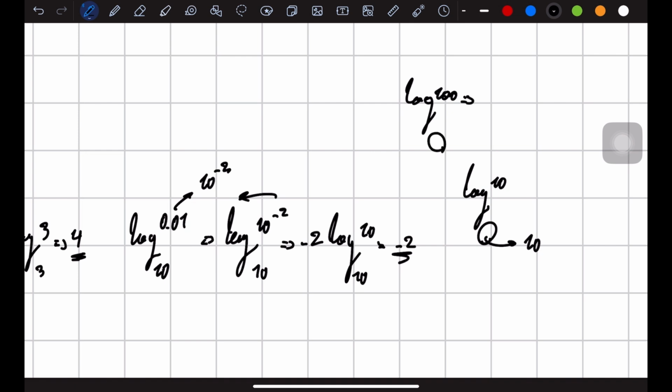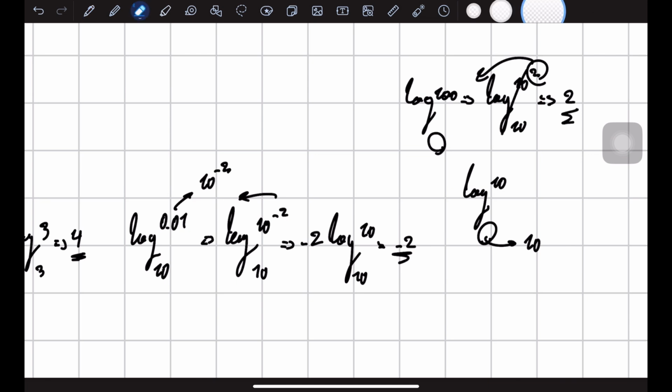You would say, okay, there's no base, but you should know that when there is nothing stating what the base is, you should consider 10 as the base. So this one is basically log base 10 of 10 with the power of 2, and this one is equal to 2, because the 2 goes in front of the log, and 10 with 10 cancel each other out, and this one is just 2.